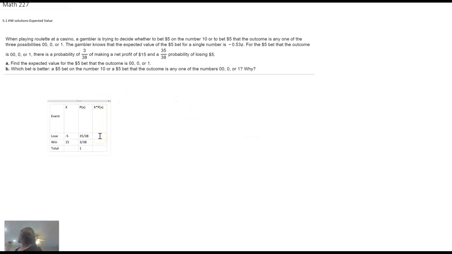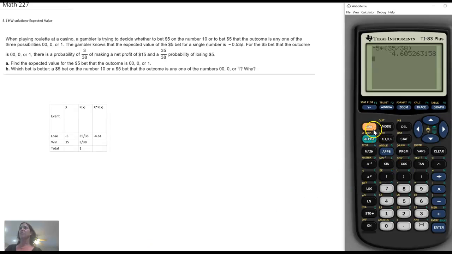Since we're talking about money, I would round to the nearest hundredth. So that's going to be negative 4.61. And then to figure out what my chances of winning are, we're going to do something similar. Now I'm going to do 15 times the 3 out of 38. Oops, don't forget your parentheses there because your calculator knows order of operations.